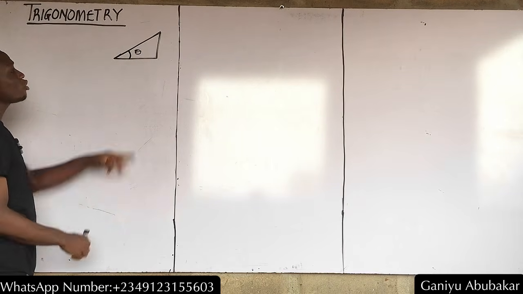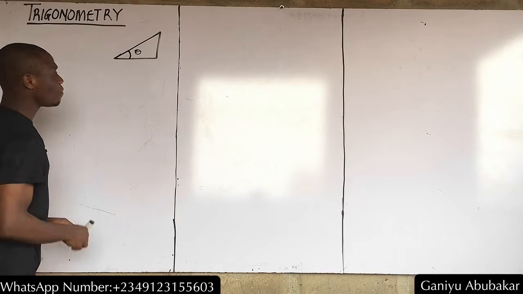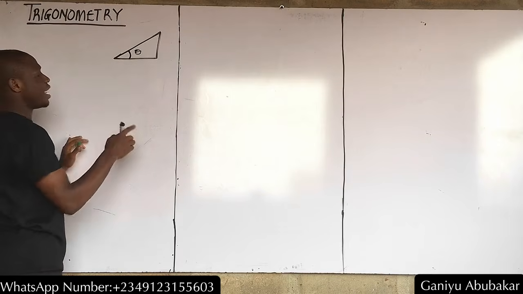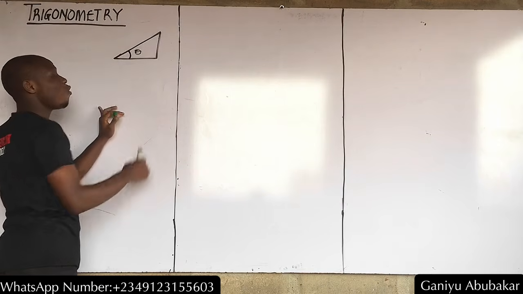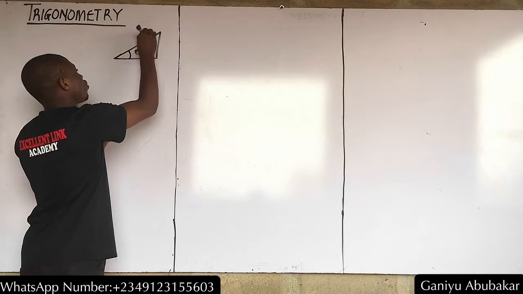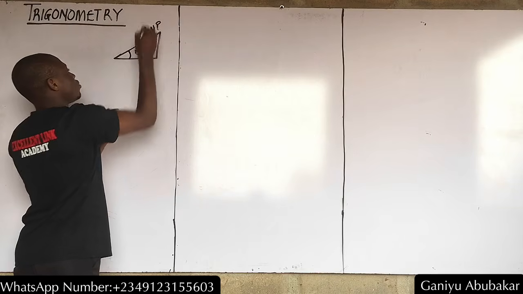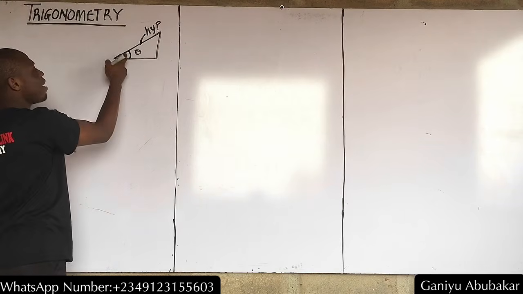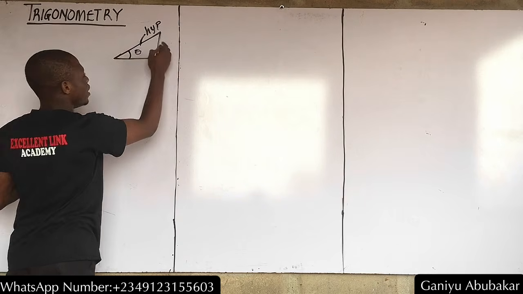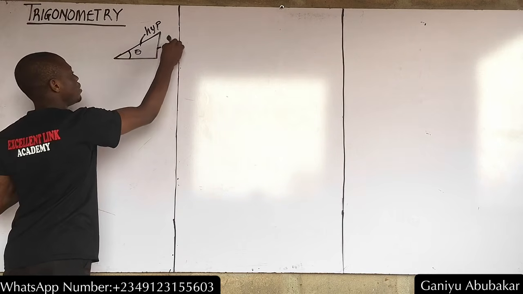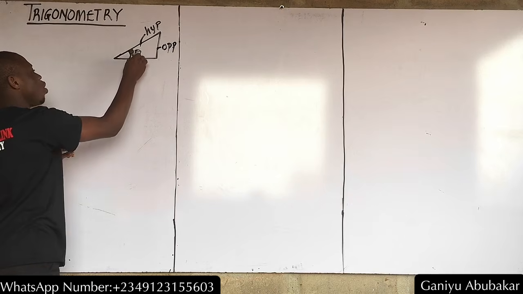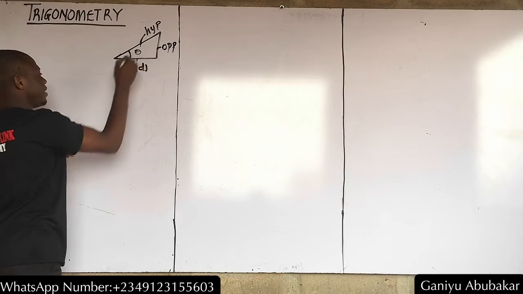Now, if I'm calling it angle theta, first note that the longest side of a right angle triangle is called the hypotenuse. Wherever this angle is facing here becomes the opposite, while this one here becomes the adjacent.